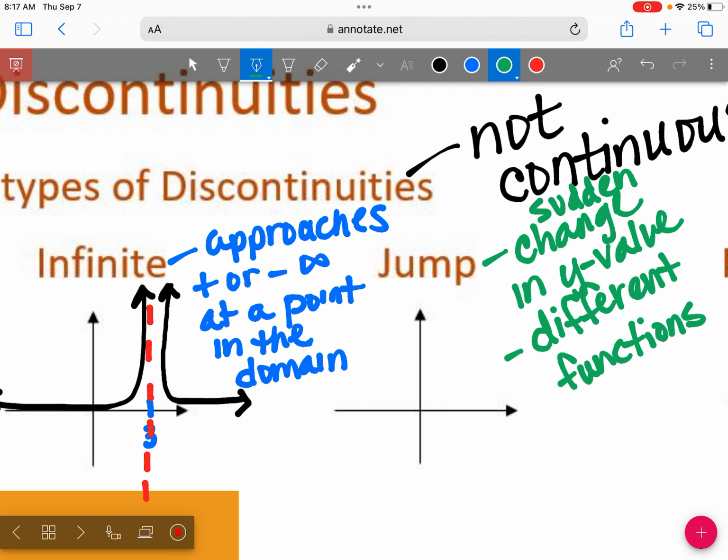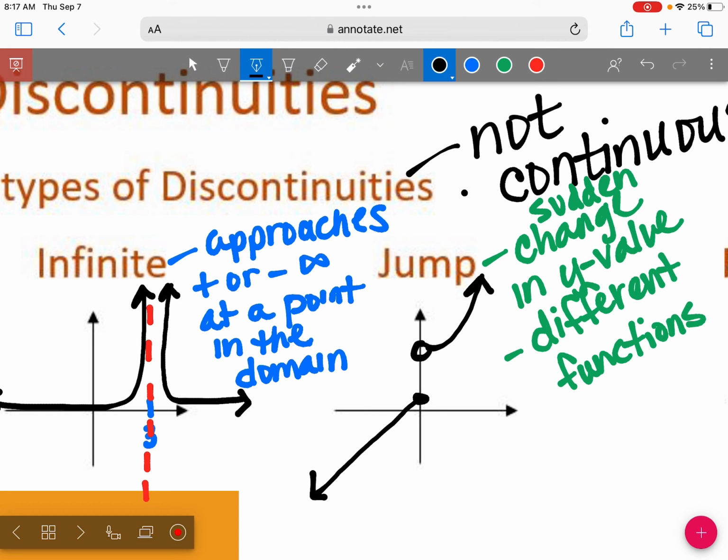At x equals 0, I'm going to draw a function that stops at x equals 0, and then it's going to jump, and I'll have a completely different function. So it's 2 completely different functions. There's a sudden change in the y value.